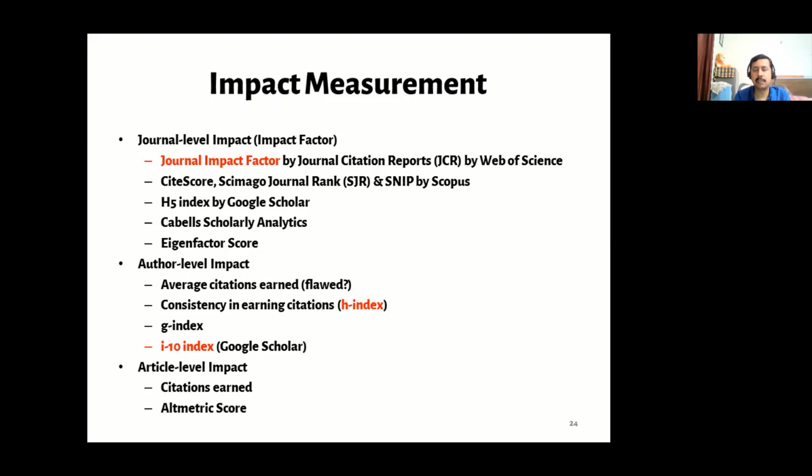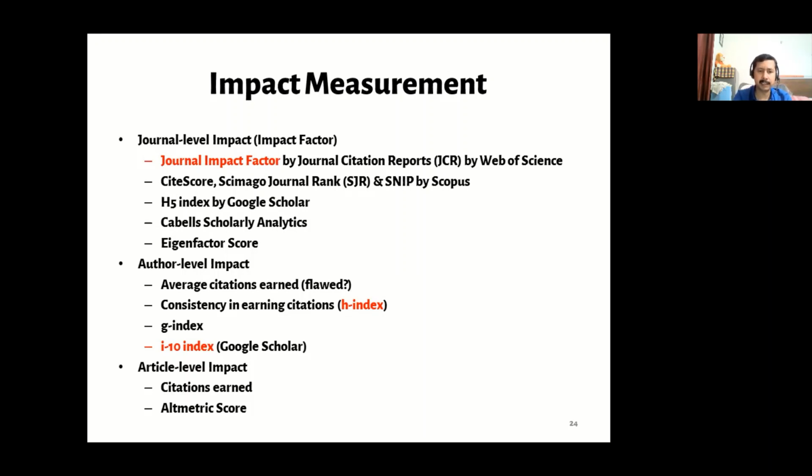Then SCImago Journal Rank, published collaboratively by Scopus and SCImago, and Source Normalized Impact per Paper published by Scopus. Then h5-index by Google Scholar, and Cabell's Scholarly Analytics, and Eigenfactor score. These are journal level impact measurements available.